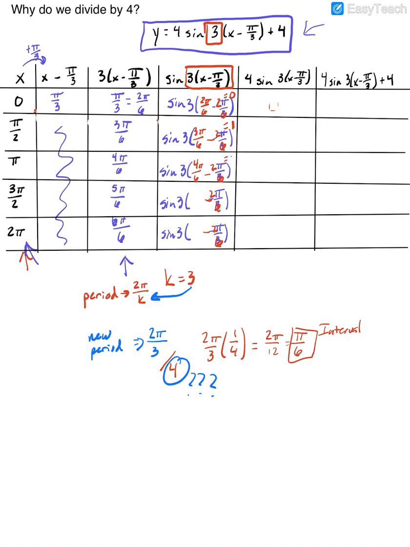Sine of pi is 0. Then I plug in 5 pi over 6. So 5/6 minus 2/6 is 3/6. Times 3 gets me... 3/6 is 1/2. That's where I was thrown off. And then times 3 gets me 3/2. So 3 pi over 2 gets me -1.